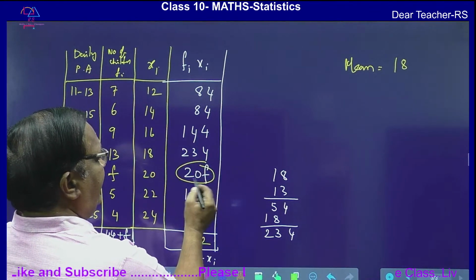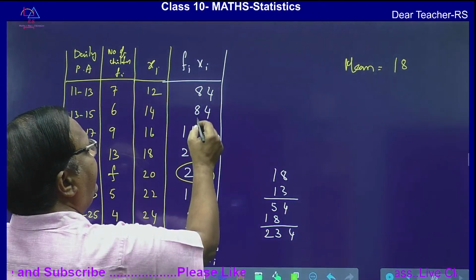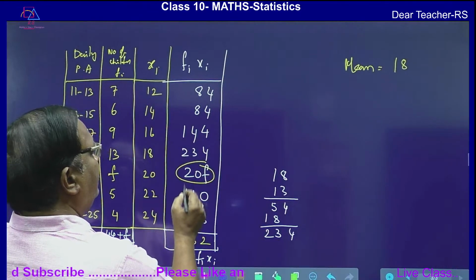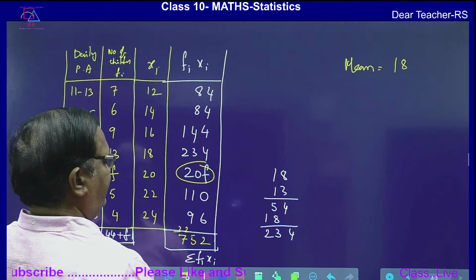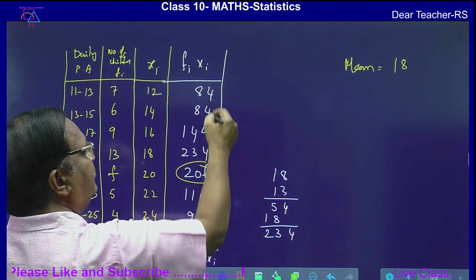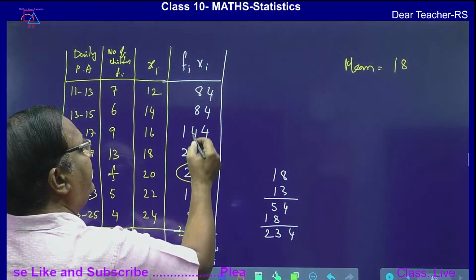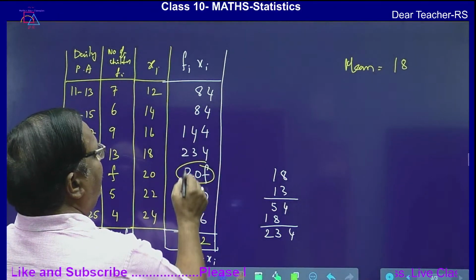You should not add the 20F. So 11, 12, 15, 19, 27, 35, 4, 6, 7.